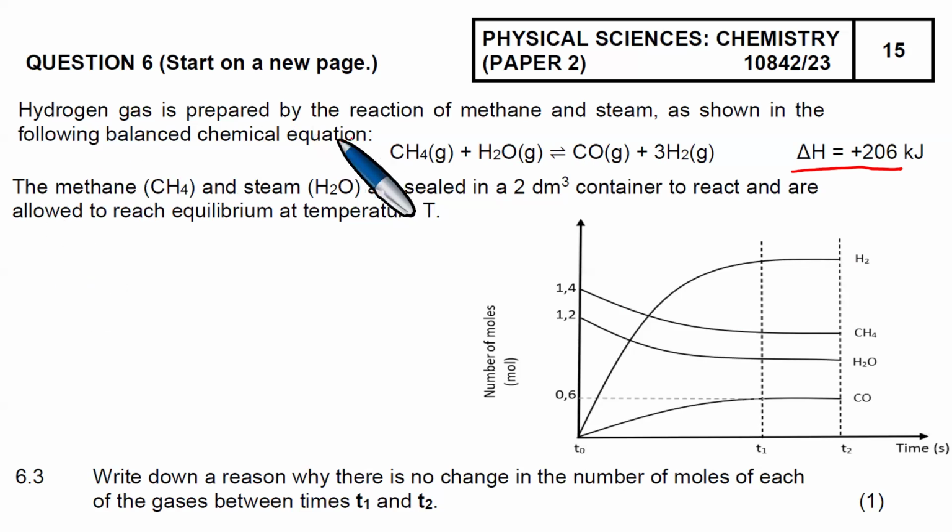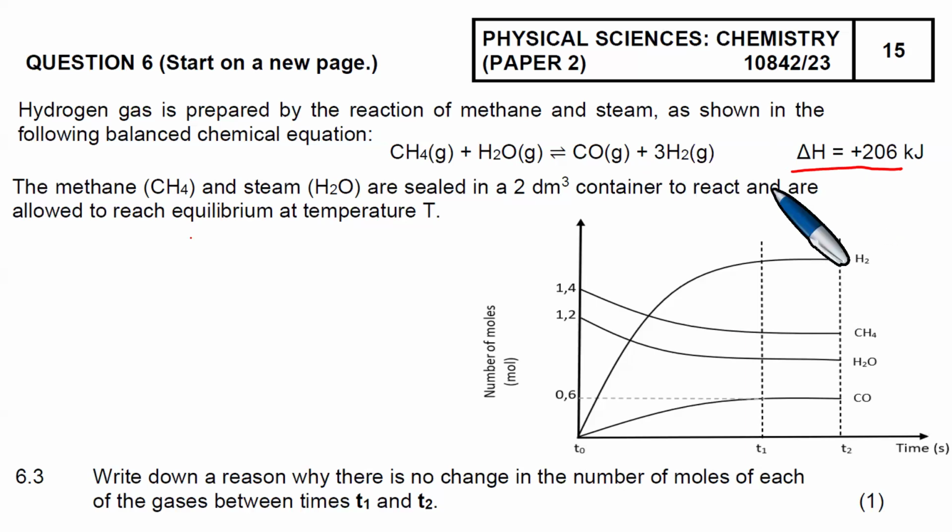Hydrogen gas is prepared by the reaction of methane and steam, as shown in the following balanced chemical equation. CH4 gas reacts with steam, H2O, which is water in gaseous state, to produce carbon monoxide, CO gas, and hydrogen gas. And this here is an endothermic chemical reaction.